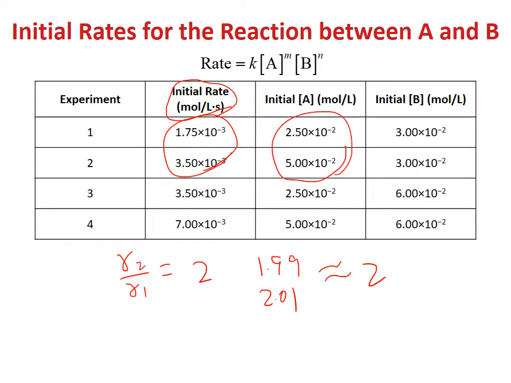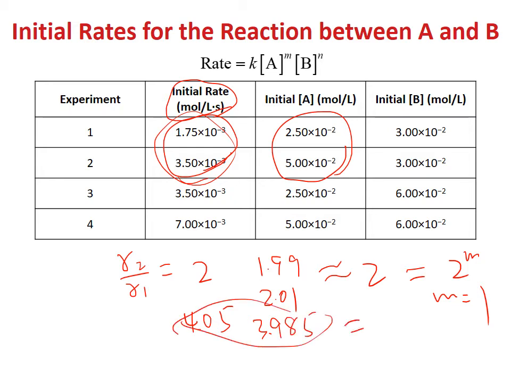And then by theory, it's 2 to the mth power, and so m equals 1. Now, if you measure the reaction rate ratio to be 4.05 or 3.985, in that case you approximate it to be 4. So 4 equals 2 to the mth power, then m is 2. So that would be a second order reaction.